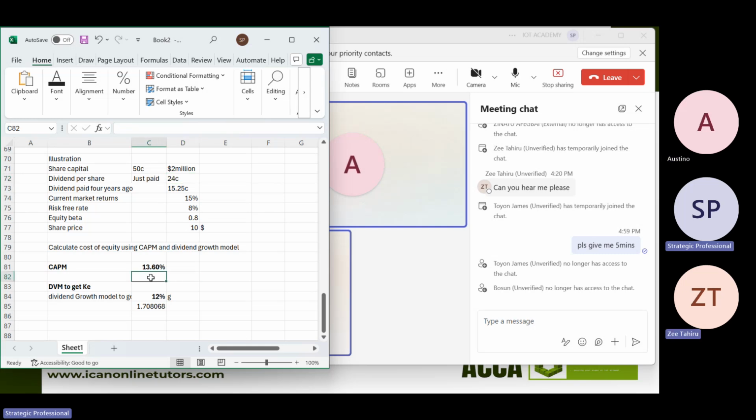It doesn't really relate to something paid years ago. Something paid years ago is for getting the growth rate, the rate at which the dividend is growing. That's why you need that 15.25, which gave us 12%. I want to get the KE, the cost of equity, so we should reflect what we just paid instead of what was paid years ago.